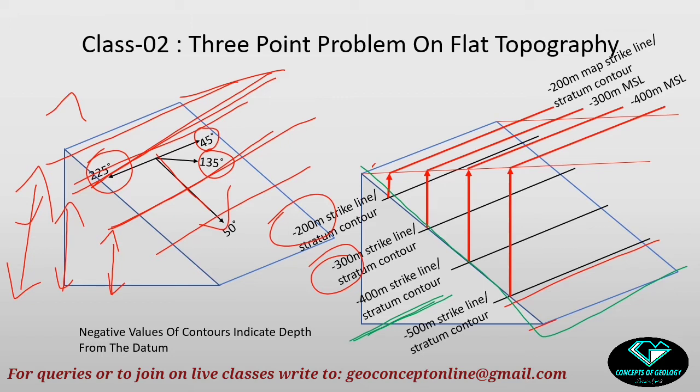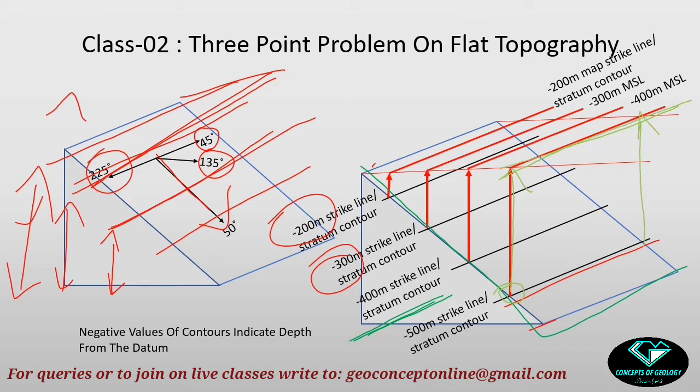Now when we are making a map, this point is having a depth of 500 meter. It will be vertically uplifted here and it will be projected on the horizontal plane, on the datum plane, and I can draw a line with the same orientation in this map here. Okay, that means I have also projected this end here.